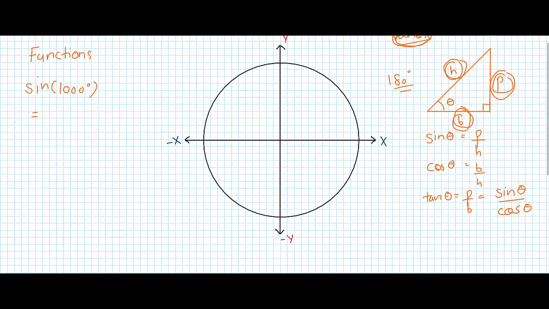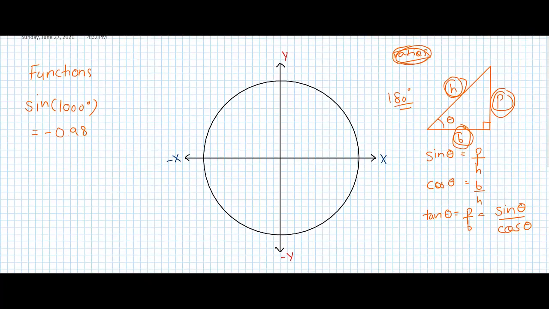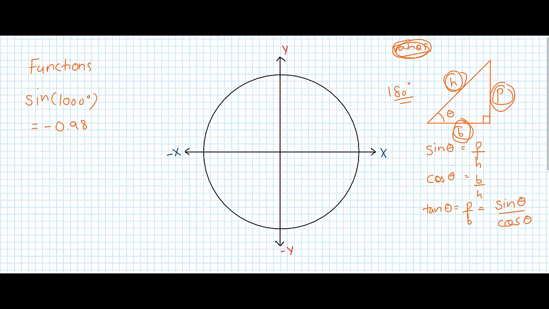If 1000 degrees is not possible in a triangle, but still the calculator returns me some value, how is that possible? That is because this trigonometric ratios definition is a little too specific, okay. Now we are talking about trigonometric functions, and this is where the unit circle comes into play.